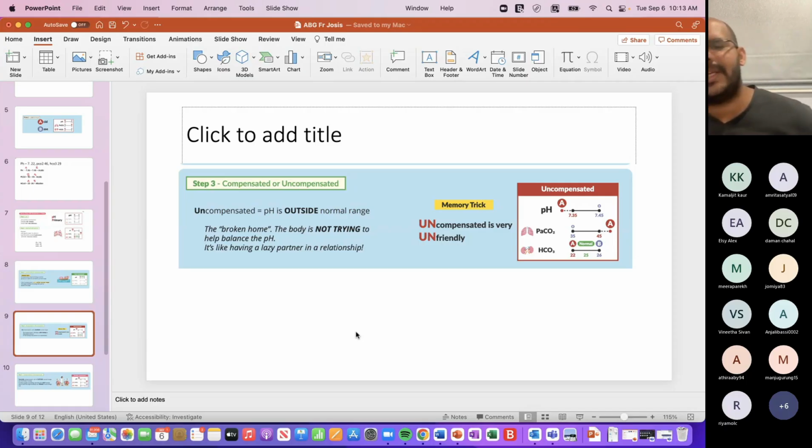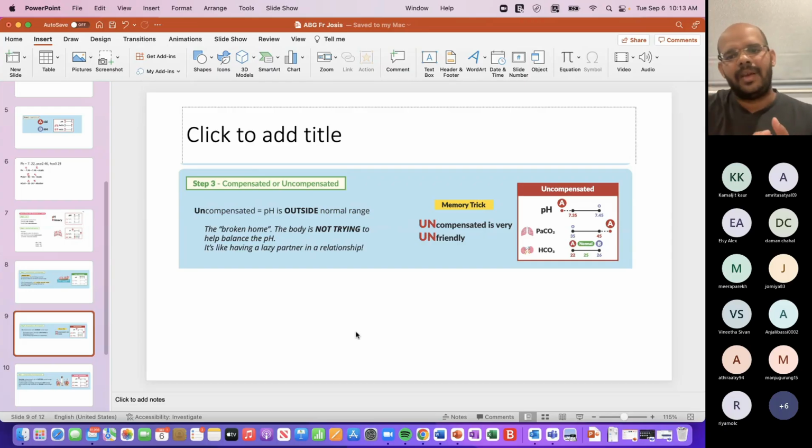In this case, you can see pH is outside the normal range, but either PCO2 or bicarb will be abnormal, and one is abnormal and one is normal. Why? Any idea? Because it is either PCO2 or bicarb, any one of these is making the pH abnormal, right?